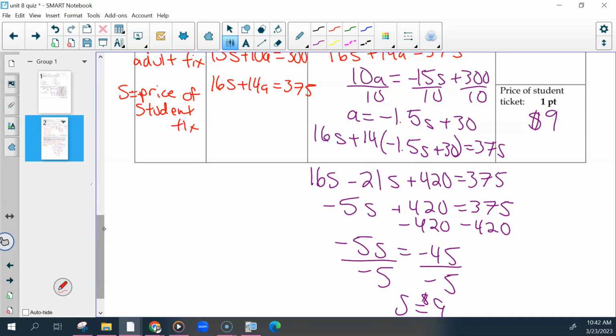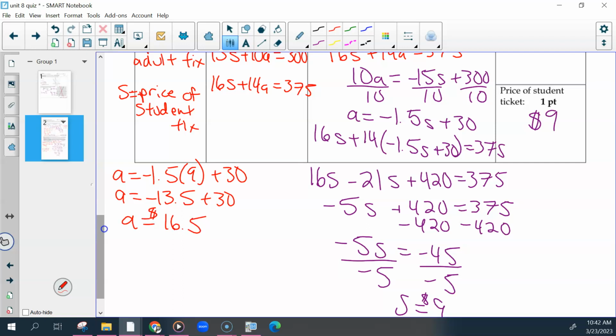Doesn't matter which one. So I'm going to put it back into the A, to find your cost of A. A was 16.5.